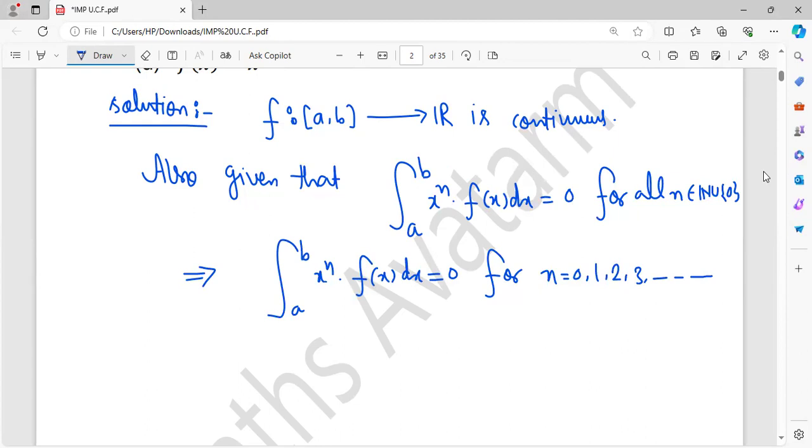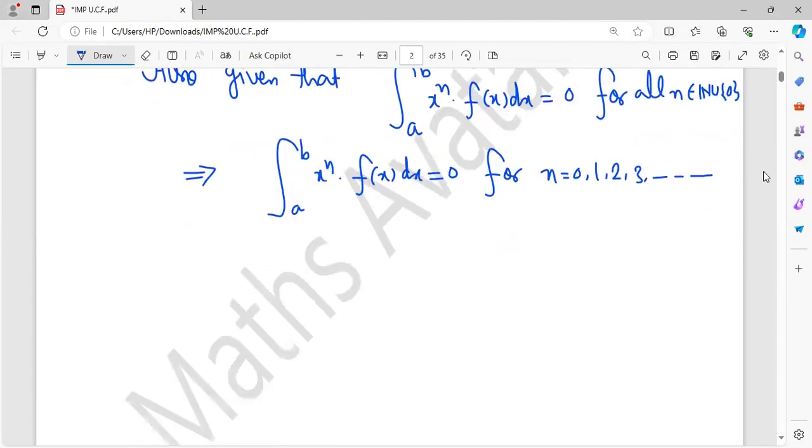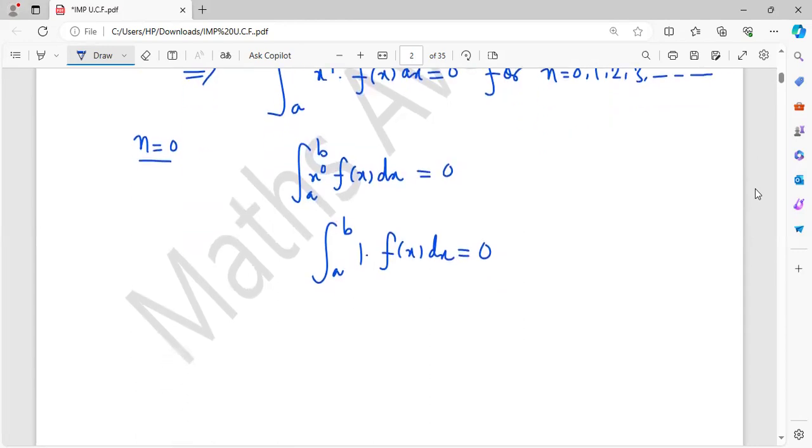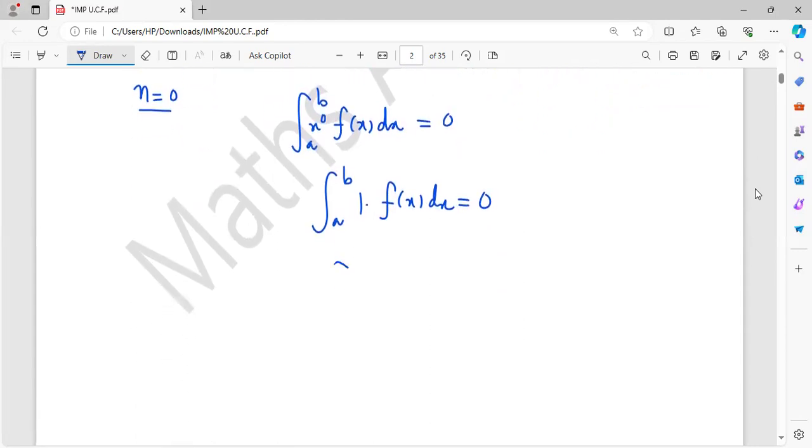So if I take n equal to 0, put n equal to 0 here, what will you get? Integral a to b of f(x) dx, because x to the power 0 means 1. So you put 1 here, and the integral of f(x) dx from a to b is equal to 0.